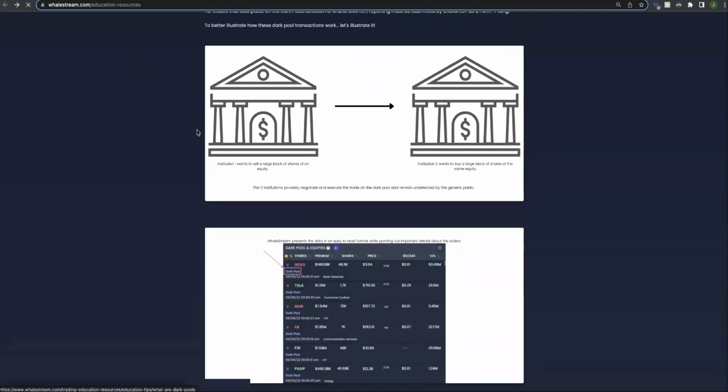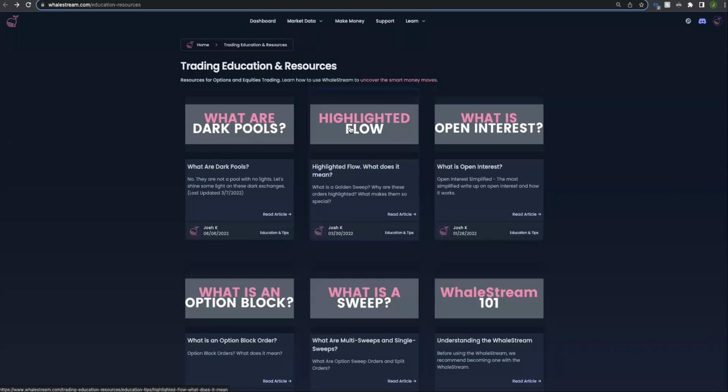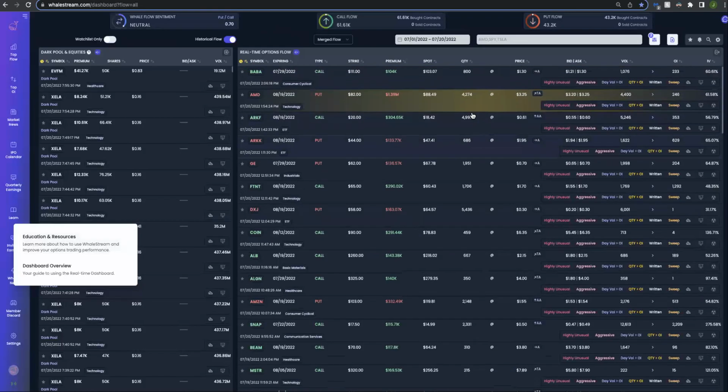But we have highlighted flow, which is going to be these orders. So this is a golden sweep. Highlighted flow, in general, is all over $1 million in premium. Green is going to be bullish. Red is going to be bearish, highlighted flow over $1 million.